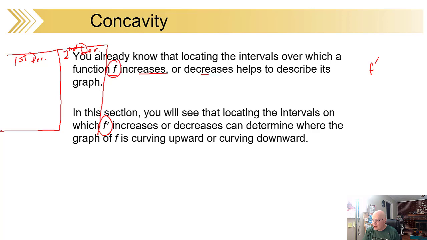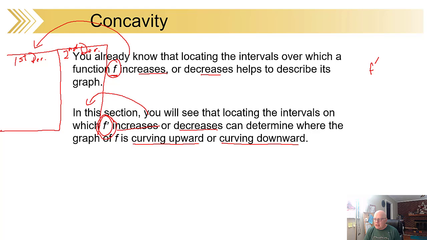Notice this is f, this is f prime, or the derivative. Different. Where this increases or decreases determines whether it's curving upward or curving downward. So put this on one section and this on another section.